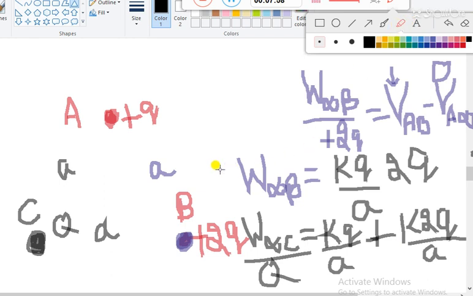this work done plus this work done, infinity to C and infinity to B, is the total energy of the system and this is equal to 0.